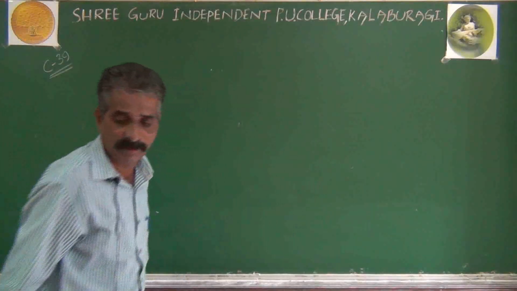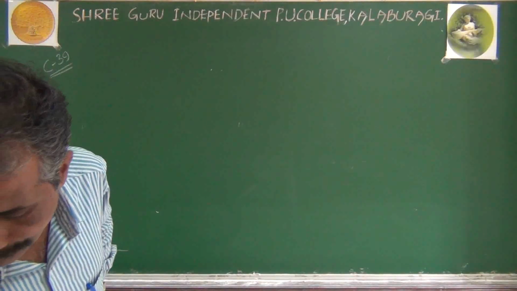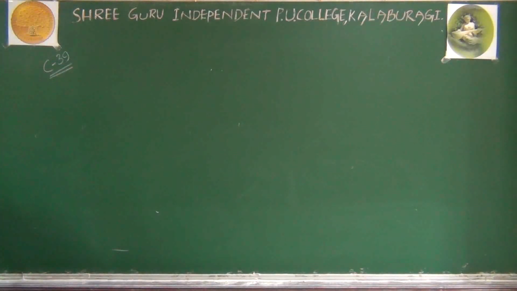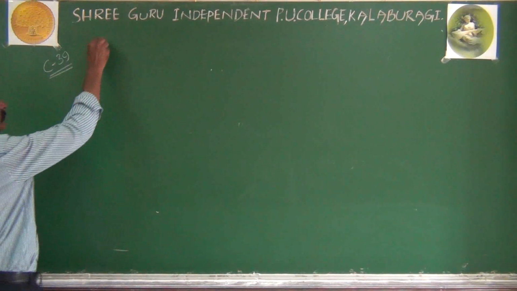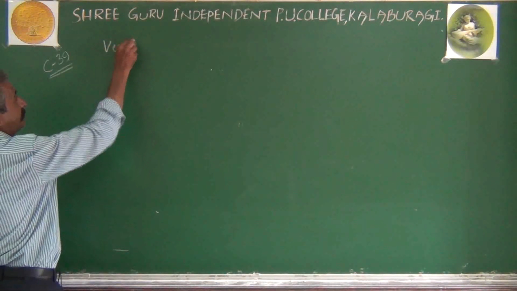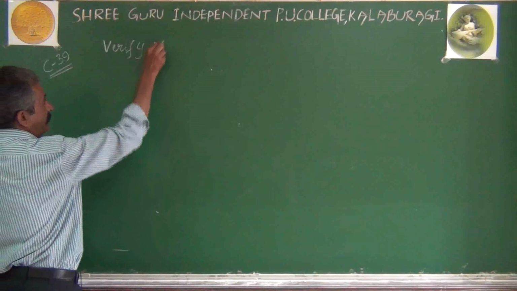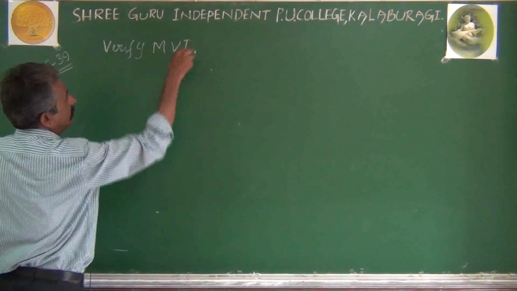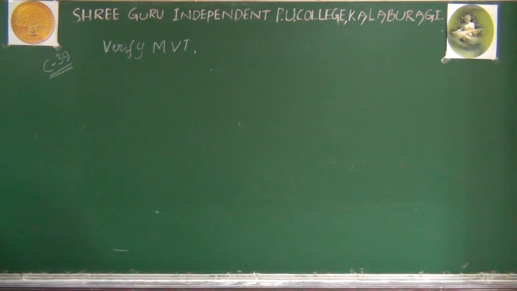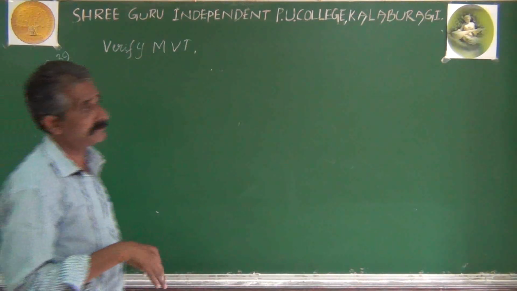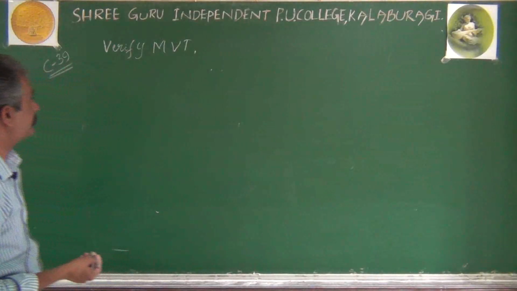Next problem. Verify mean value theorem. If f of a equal to f of b, it is Rolle's, otherwise it is Lagrange's.